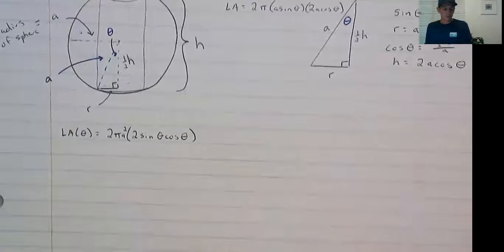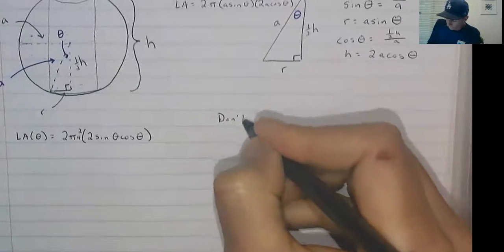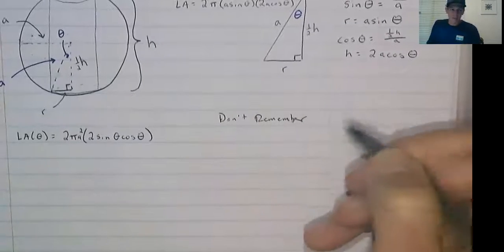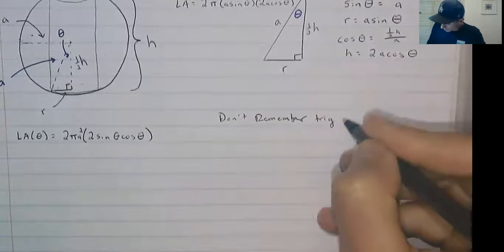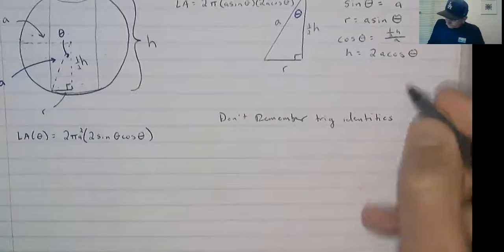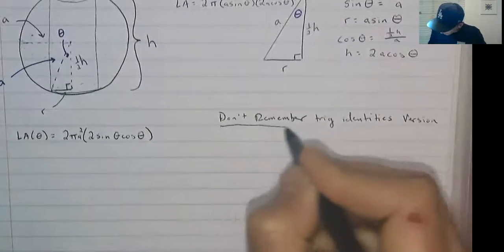But then we're going to do the don't-remember-the-trig-identity way, and see that it results in the same endpoint. Don't remember trig identities version. Side by side, choose your own adventure.